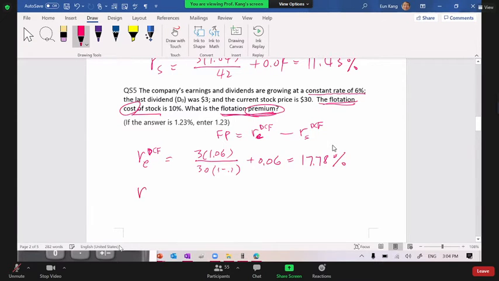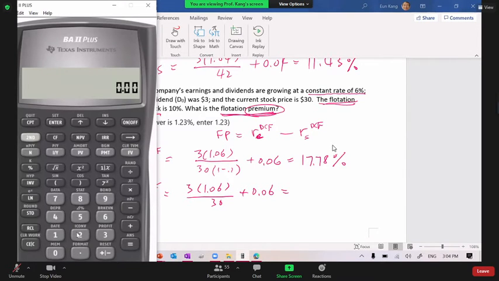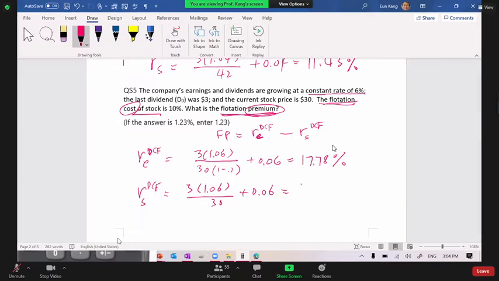Then without flotation cost, 3 times 1.06 divided by 30, that is 0.11, plus 0.06, is 0.17, times 100, 16.60.